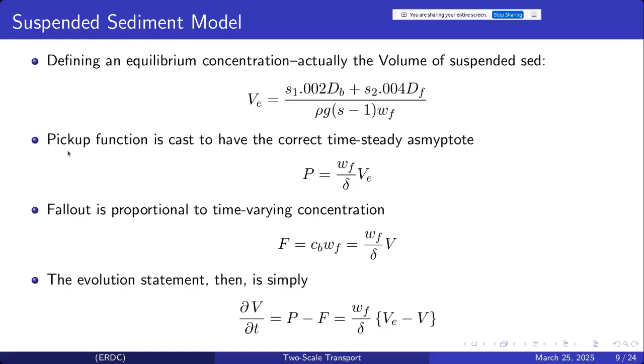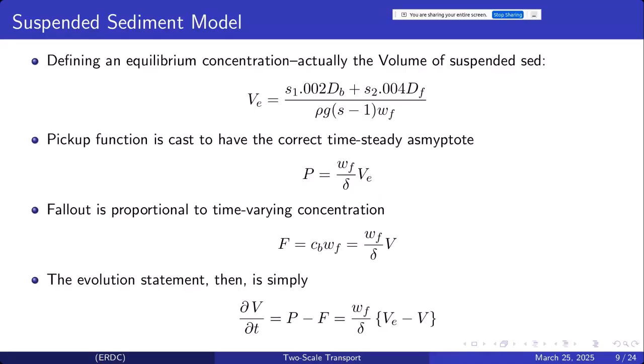We cast the pickup, that's the amount of sand coming up into the water column, so it has the correct time steady asymptote of that equilibrium volume of suspended sediment, where you have a fall velocity and then some active thickness, which is unfortunately not very well defined.